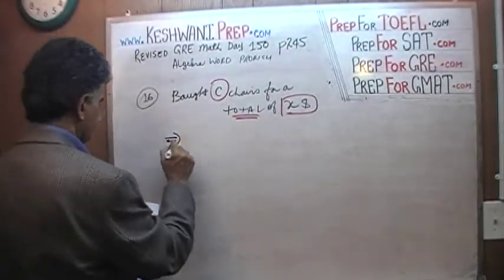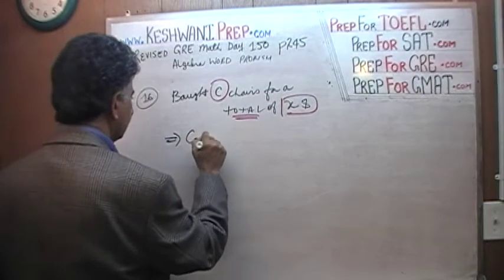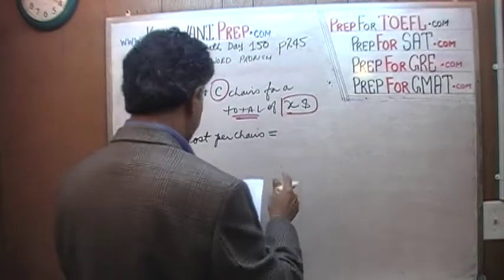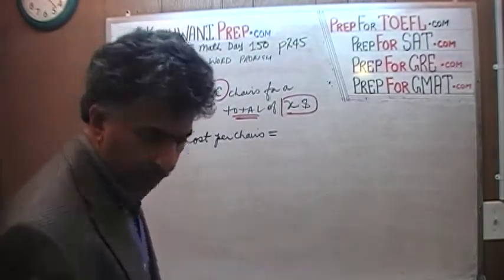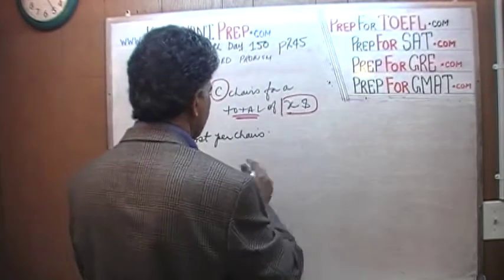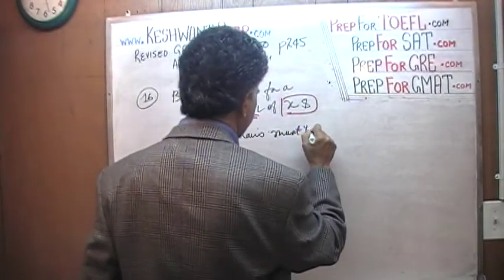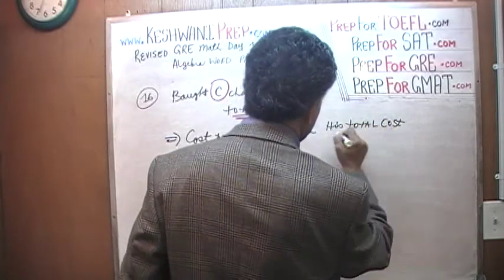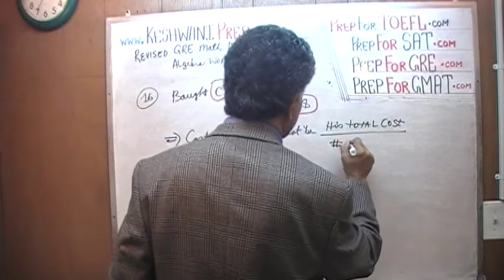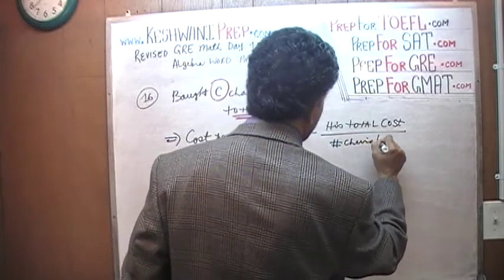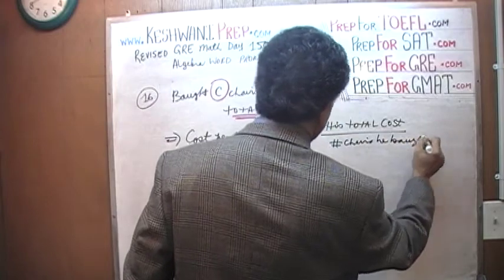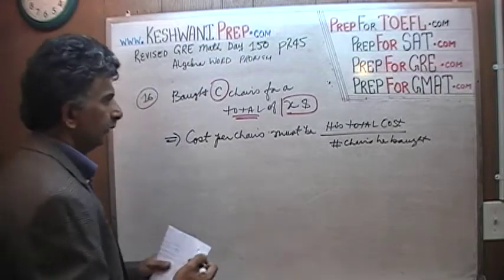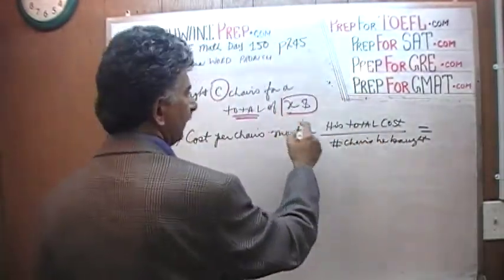So this implies that his cost per chair must be his total cost divided by the number of chairs he bought, which comes out to be his total cost was X dollars.